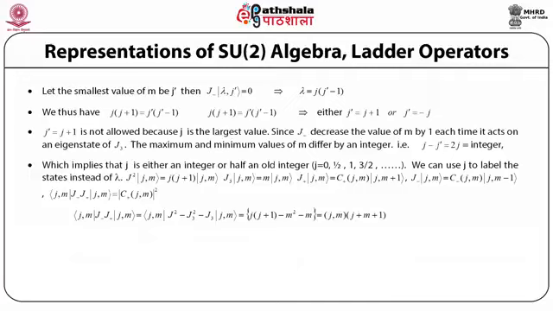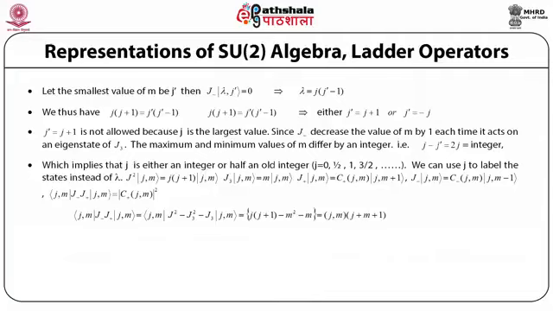Since J minus decreases the value of m by 1 unit each time it acts on an eigenstate of J3, this means that the maximum and minimum values of m differ by an integer. That is, j minus j prime is equal to 2j, which is an integer, which implies that j can only take up values which are integer or half an odd integer.